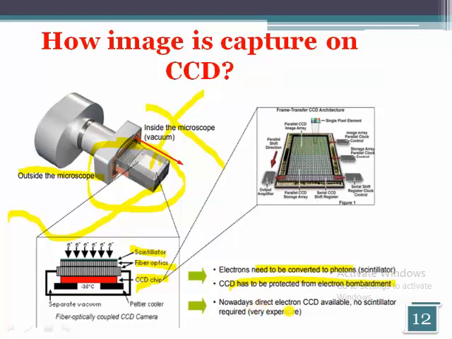So nowadays direct electron CCDs are also available, so no need for a scintillator, but they are very expensive, so we can use this also. So now it is clear how the instrumentation works, how we get the image and how we capture the image by CCD.